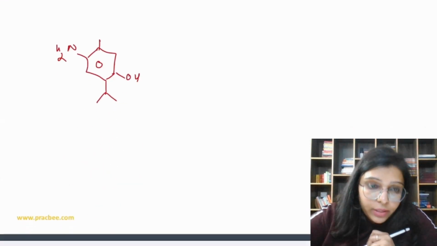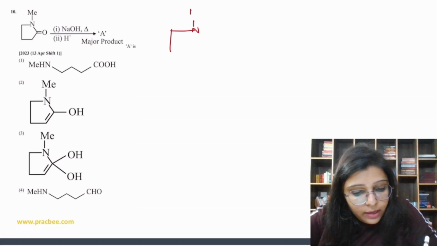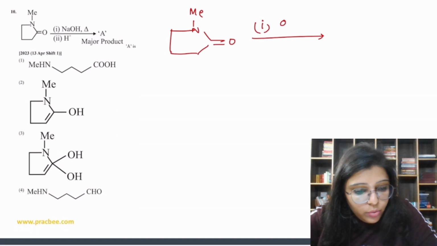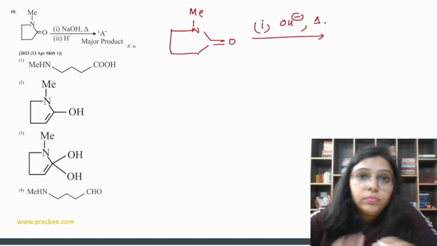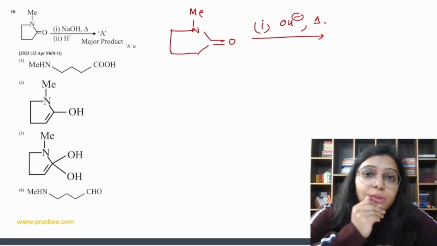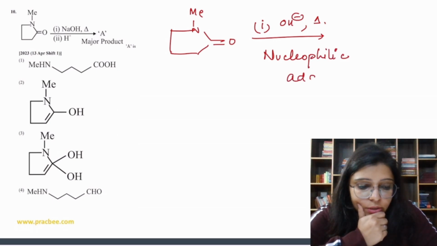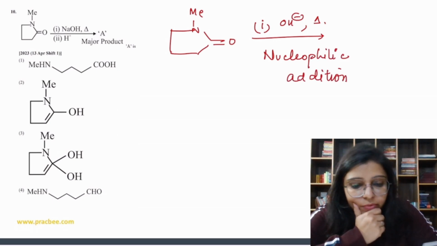Now next question. We have this NMe, double bond O. First OH minus and then heat. So what are we going to do? OH minus will do a nucleophilic addition reaction, because we have a carbonyl carbon, an amide.